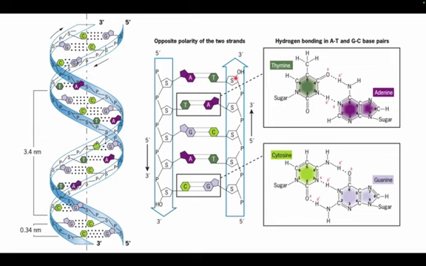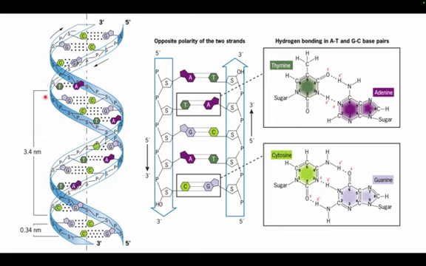The sugar phosphate backbone is on the exterior of the DNA molecule, and in between these two strands we have the nitrogen bases which form hydrogen bonds with each other. This is what is holding those two strands together. And these two strands twist to form the DNA double helix.